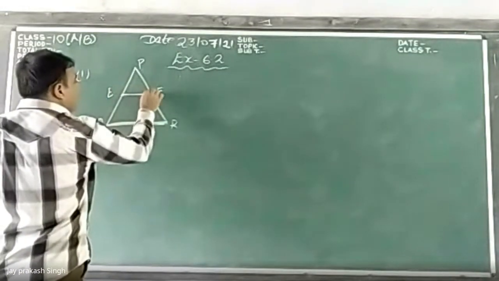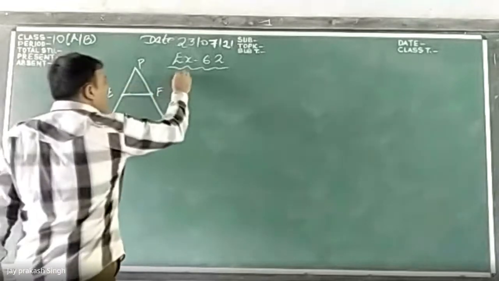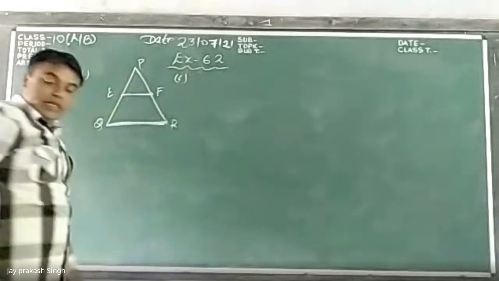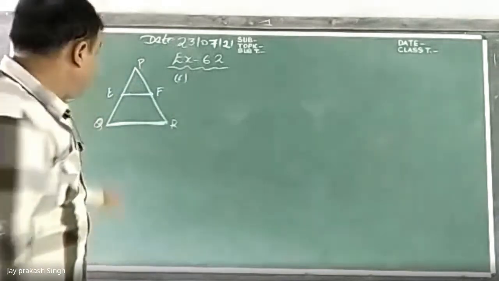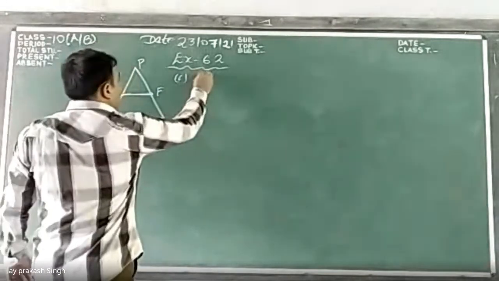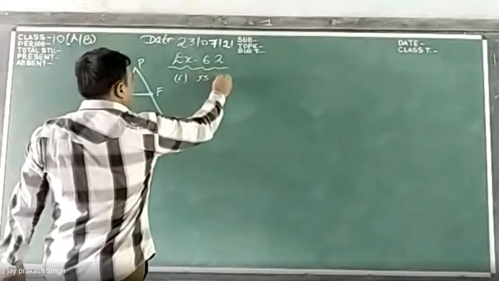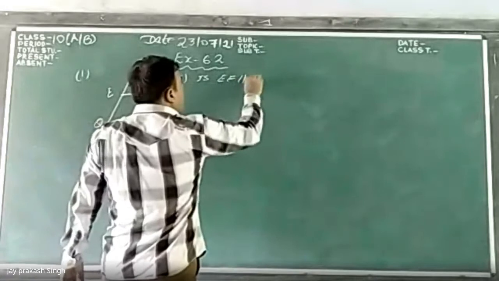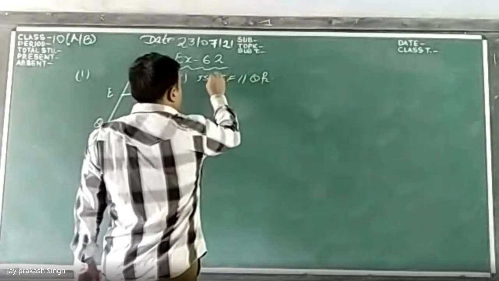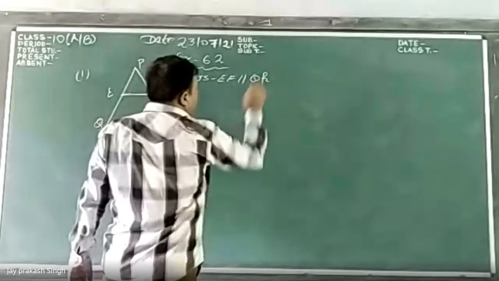So we have to prove, in question number one, the converse, that EF is parallel to QR. We have to show that EF is parallel to QR.